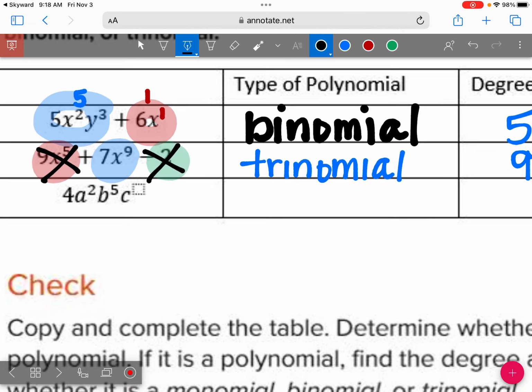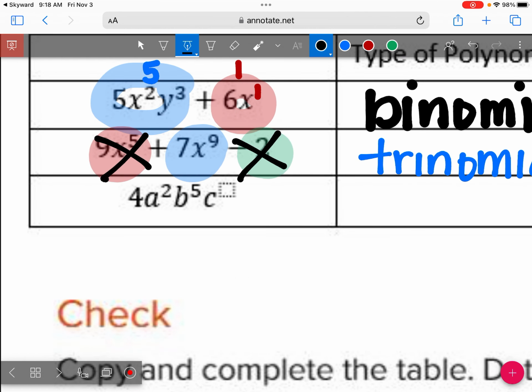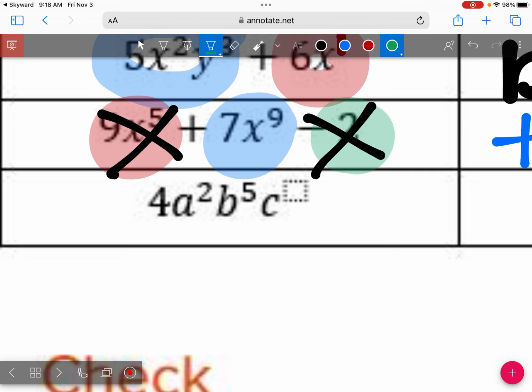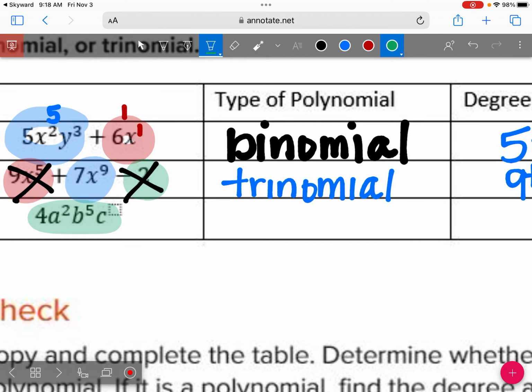And the last one, there are 3 different variables. However, it's just one term because there's nothing being added or subtracted. So we call this a monomial.